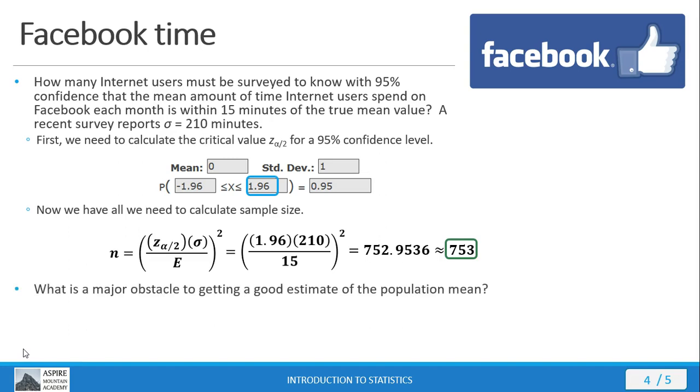Now, what is the major obstacle to getting a good estimate of a population mean? What do you think would be a major obstacle?